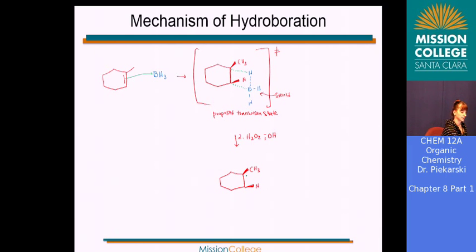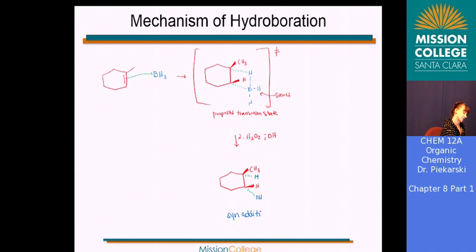Green pen. This is a hydrogen, and this is our OH. Okay, and we get syn addition with the hydrogen and the OH to add it to the double bond.